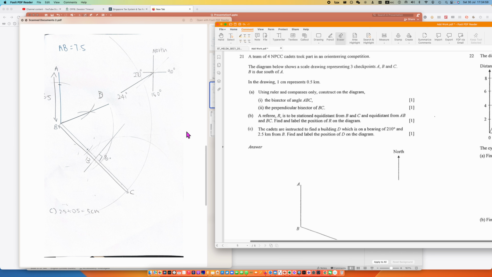Too short, never mind. Just make sure that you have a long ruler. You have a long ruler? Thank you so much. Still not long enough, so never mind. Sometimes I have a long ruler here. Here and here.